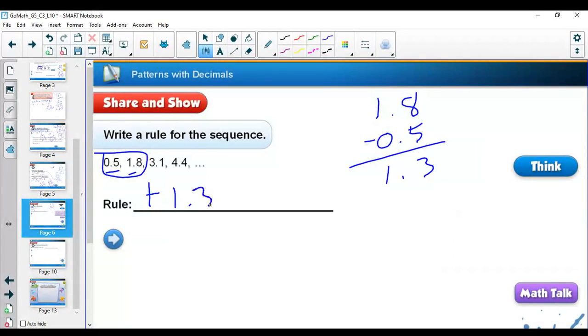So each time this sequence or the terms add on 1 and 3/10. And again, we could check that by adding 1 and 3/10 to 1 and 8/10. 3 plus 8 is 11. 1 plus 1 is 3. And this matches that. So we're good.